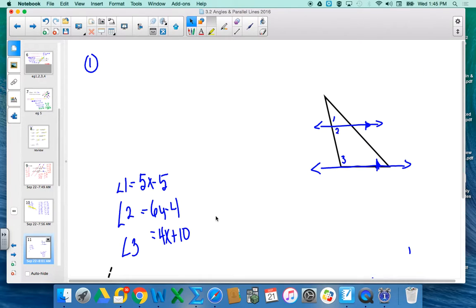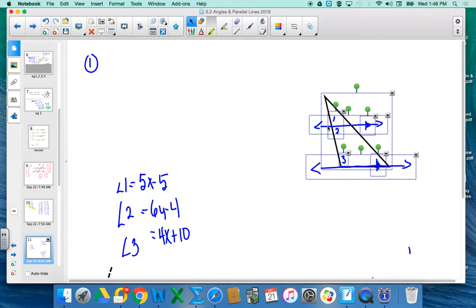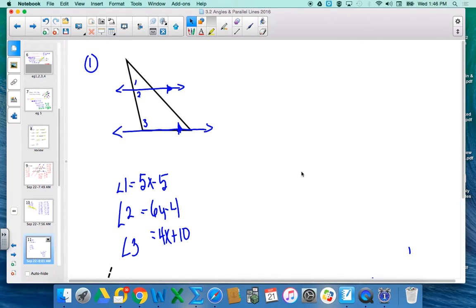So on this picture, they gave us that this line was parallel to that line, and they told us that angle 1 was equal to 5x plus 5, angle 2 was equal to 6y minus 4, and angle 3 was equal to 4x plus 10.